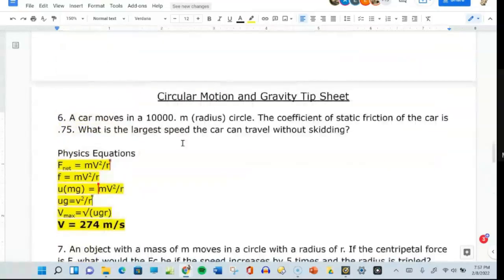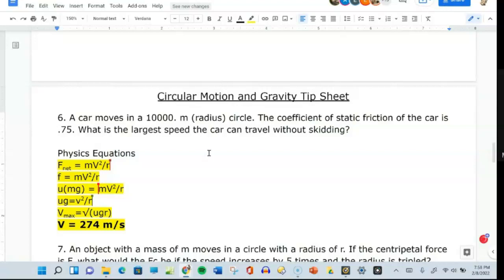Here's the car, yeah. So you said that the friction is the centripetal force. So does that mean it's pointing down if you were to draw it out? Well, is it pointing in a car? If you're on flat ground, which we assume this is, the centripetal force always points towards the center.